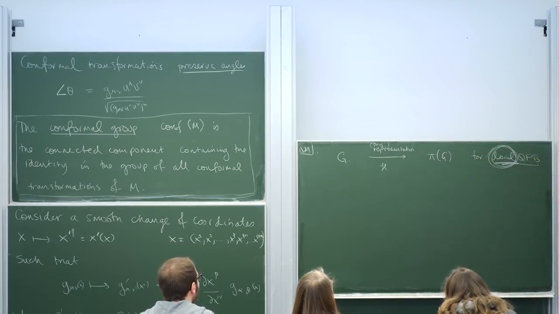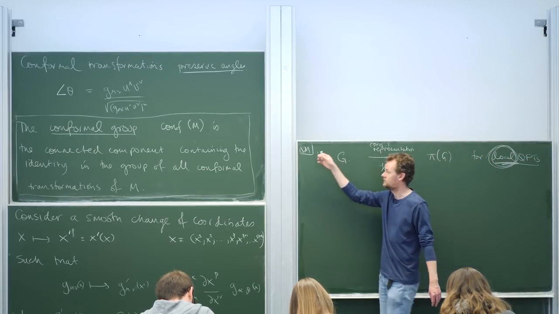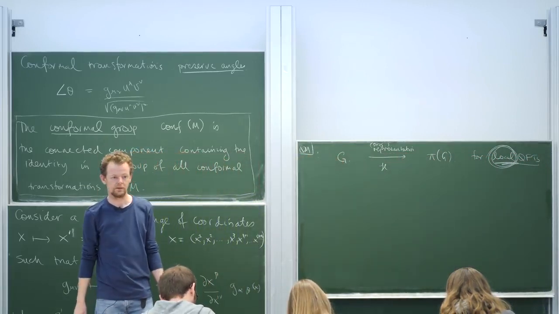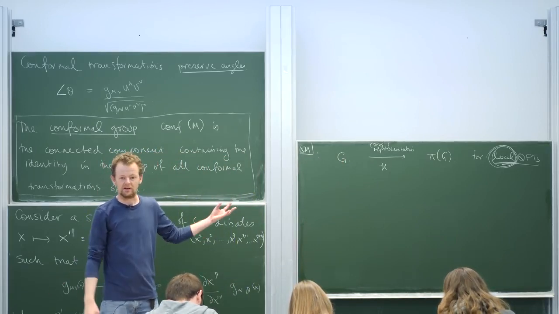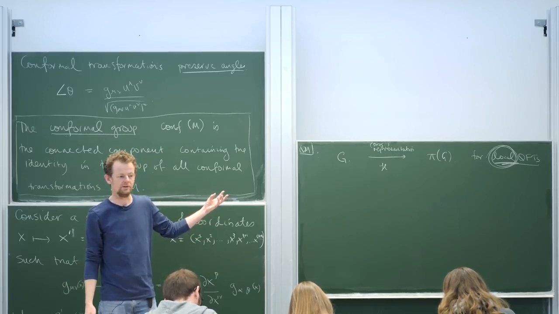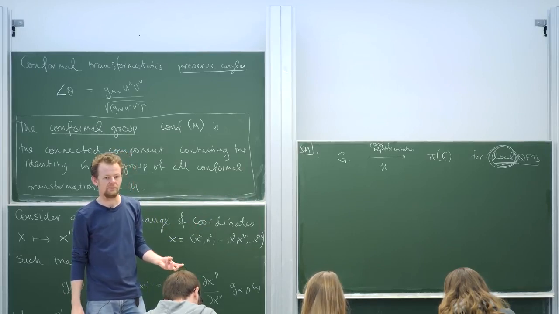It's that word local that makes everything very complicated. So essentially, all the unitary representations of the conformal group have been classified and known. You can write down a list of them for various different manifolds. But that's not what makes it hard. Like, all the representations of the Lorentz group are known and classified. That's not what makes relativistic quantum field theory hard.